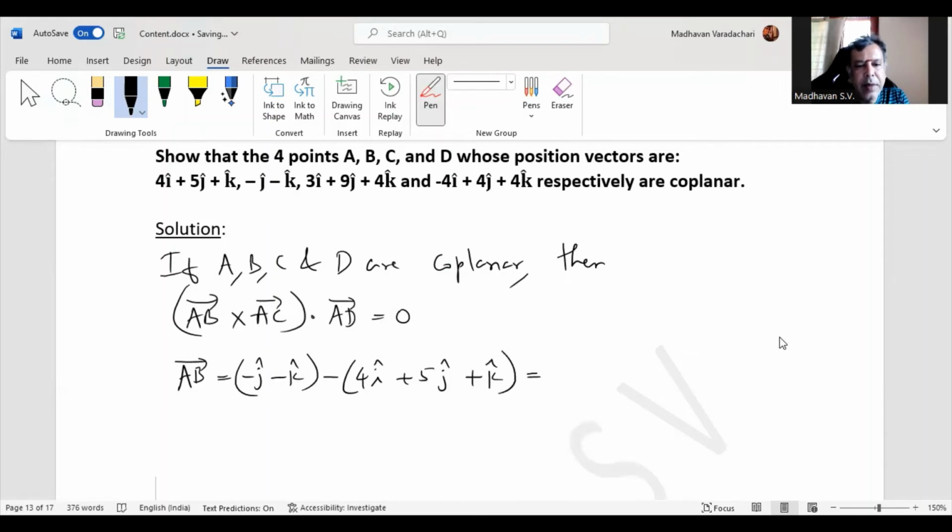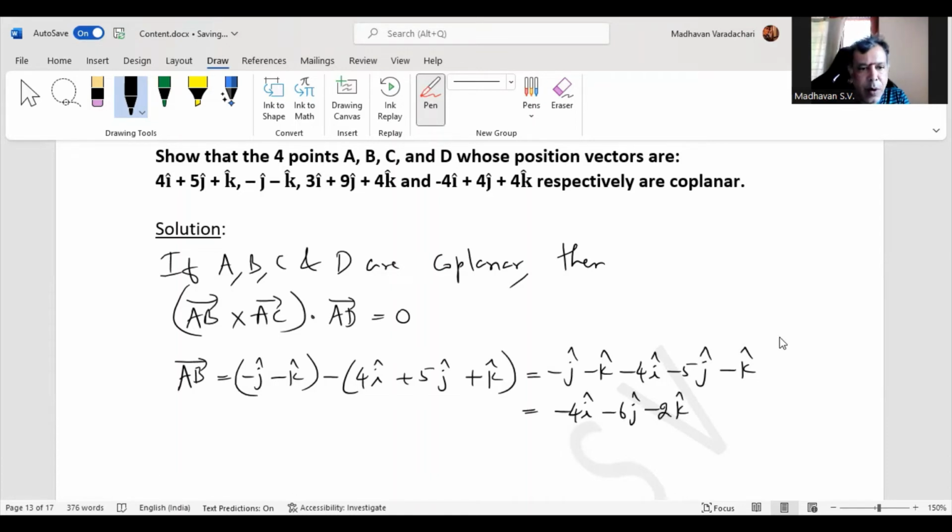If we do that, we get minus j cap minus k cap minus 4 I cap minus 5 j cap minus k cap. That will give us minus 4 I cap minus 6 j cap minus 2 k cap.